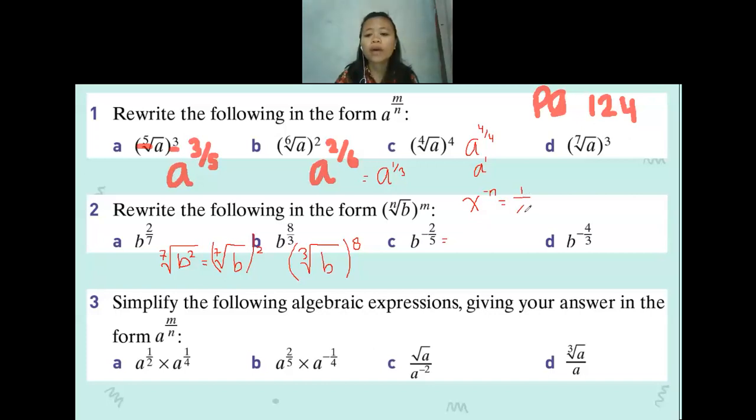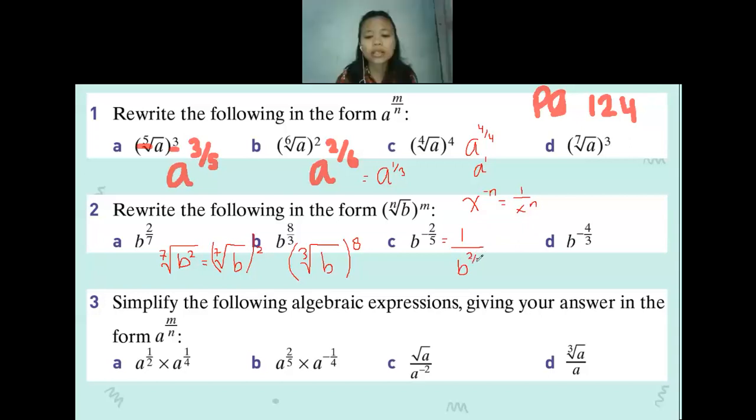So if I have b to the power of negative 2 per 5, I can make it into a fraction, become 1 per what? Hello? Is my voice suddenly gone? Sorry, b to the power of 2 by 5. Yeah, 2 by 5, correct.